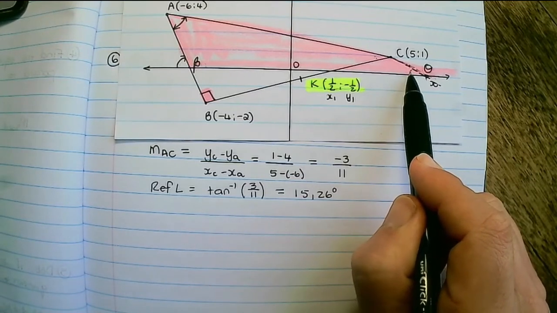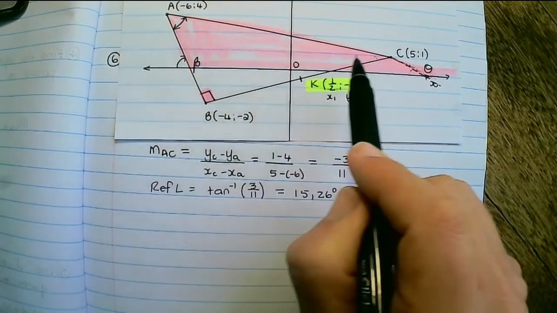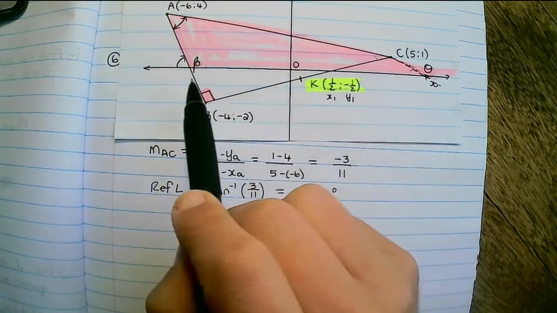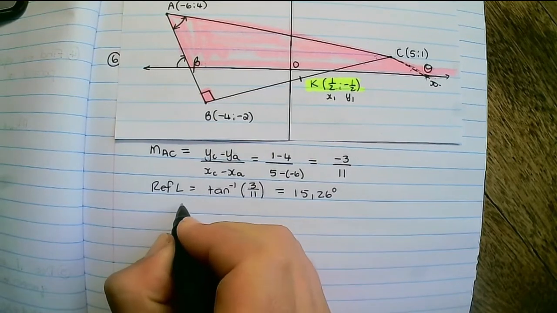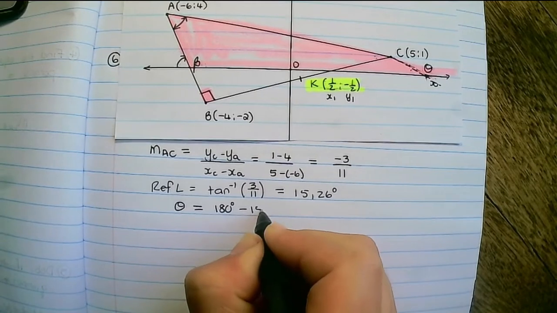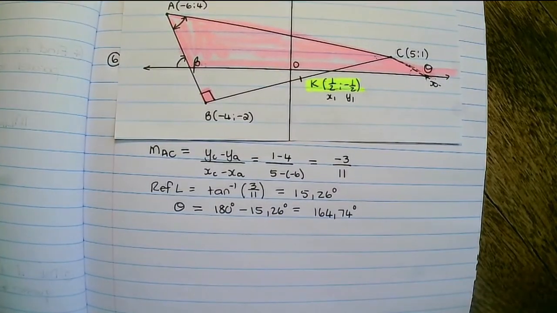And now you see I have two angles already on the interior of a triangle, and I can solve A by using the sum of angles in a triangle. But if I follow my original plan, then I will have theta equals 180 degrees minus my reference angle, which is 164.74 degrees.